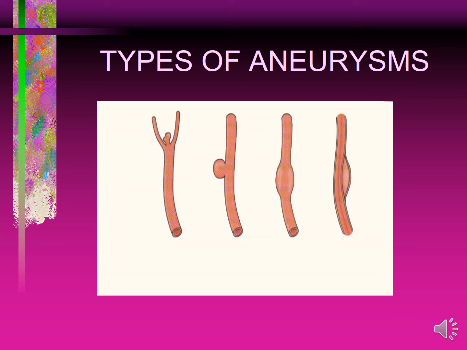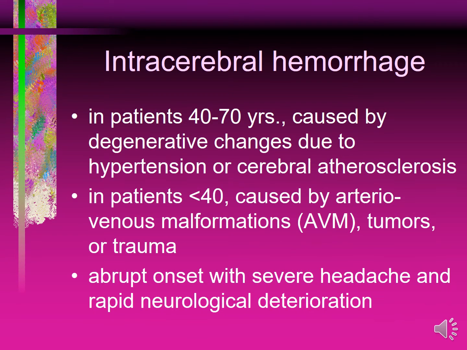And then this one is called a fusiform aneurysm. And this one is called a dissecting aneurysm. And these are particularly troublesome because they're kind of just tearing down the horizontal length of someone's blood vessel. And once they start tearing, they can tear the whole length of the blood vessel, and you can lose incredible amounts of blood very quickly.